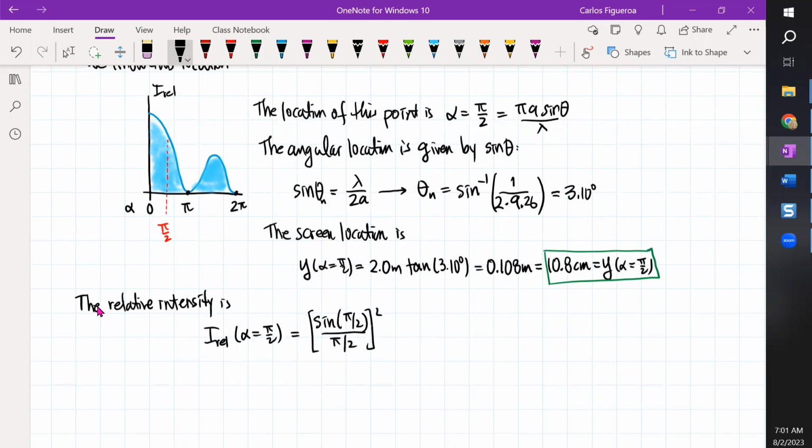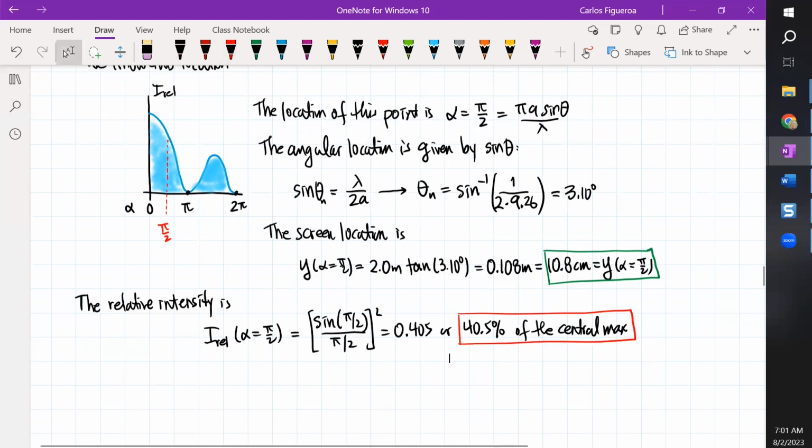When I calculate this, I get 0.405, or 40.5% of the central max. Now, if we wanted the exact intensity, we could go in and get the value that was given here and the exact intensity that they tell us here.